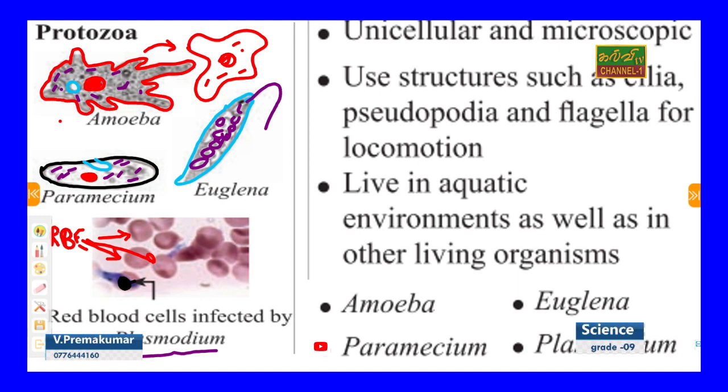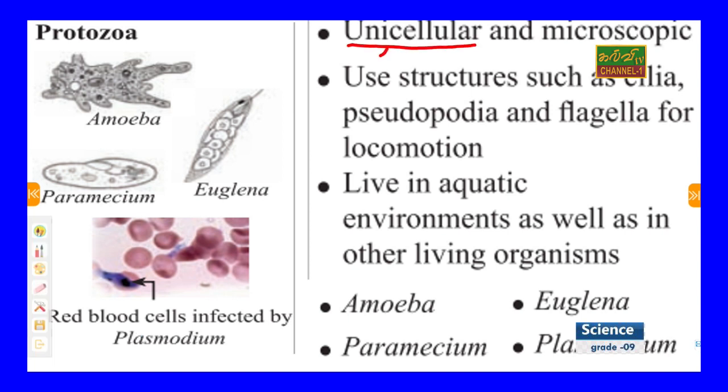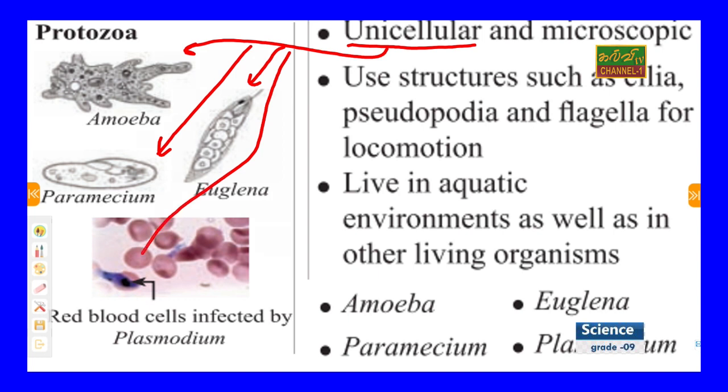Right. Now we will discuss protozoa: unicellular and microscopic. Unicellular means one cell. Both are one cell. This plasmodium is also one cell. Unicellular and microscopic.